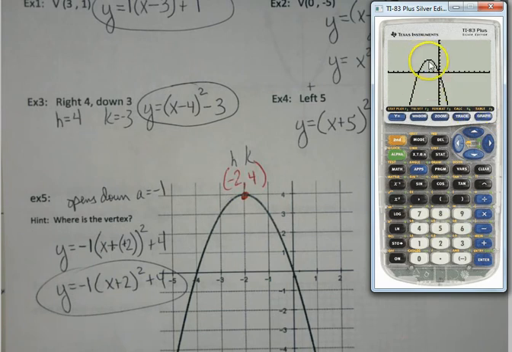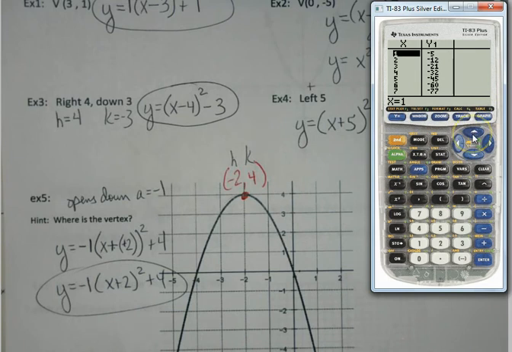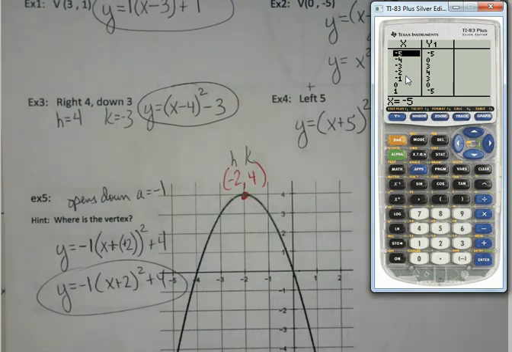It's opening down. My vertex is at negative 2, 4. Check it out: 3, 0, negative 5; 3, 0, negative 5. I got symmetry. I did this right. So the calculator is a good way to double check to see if you're doing things correctly. I wouldn't do it for everything, though.